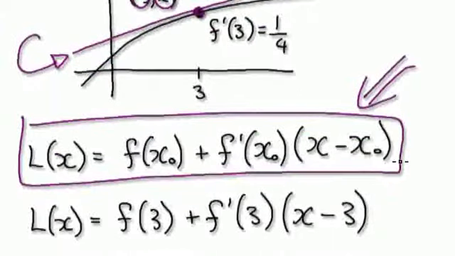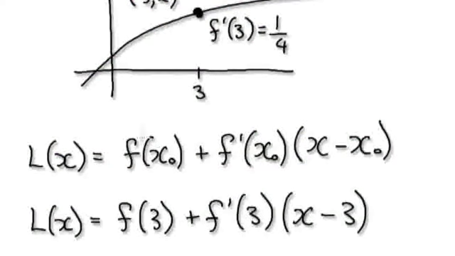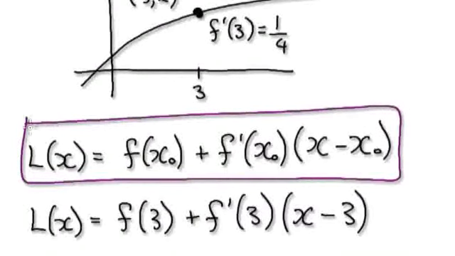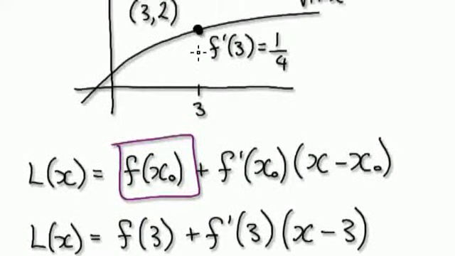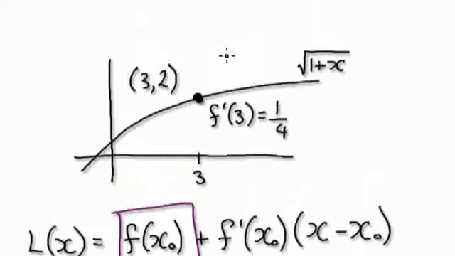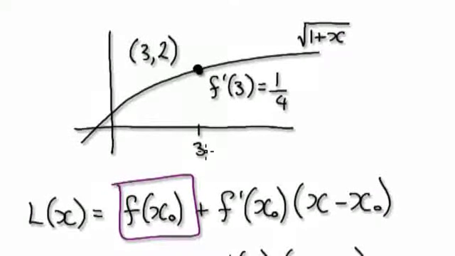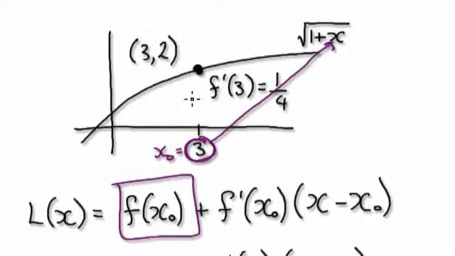So it's saying the equation for that tangent line is given by this here. What that means is, looking at this, f of x0, well, this is your x0 here. If you put this into this thing here, f of x0 is really this point here, 2.